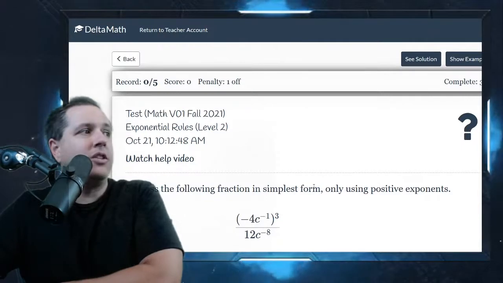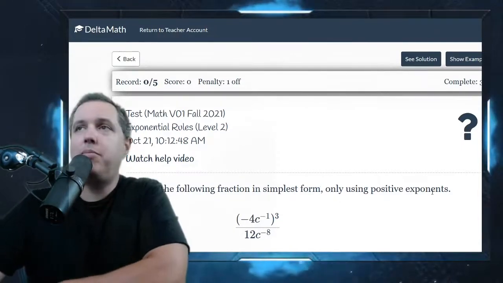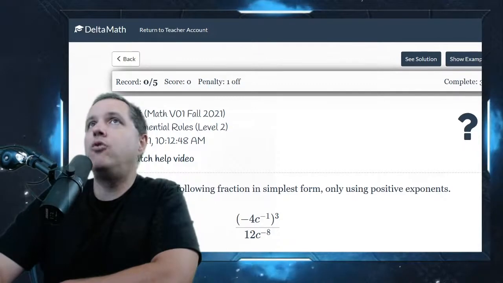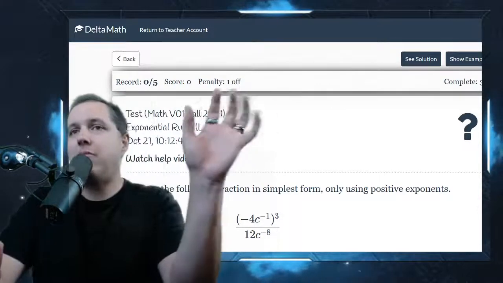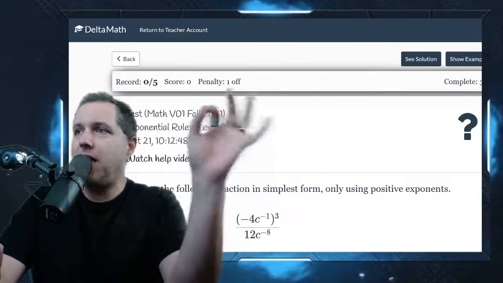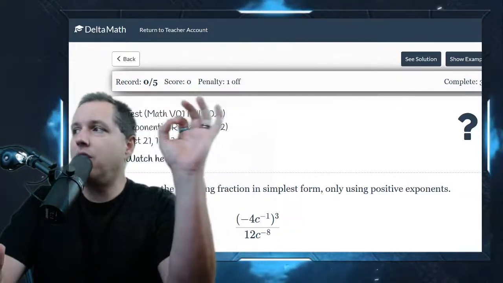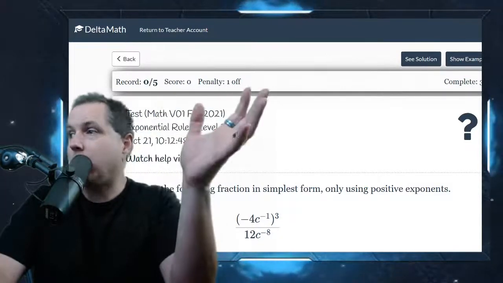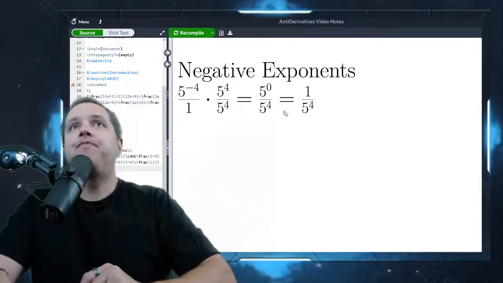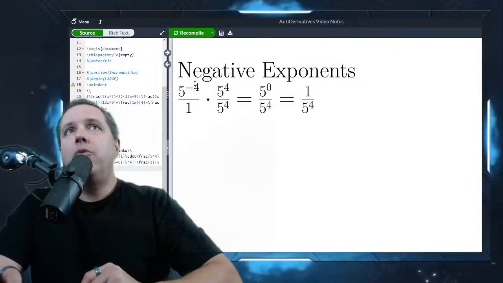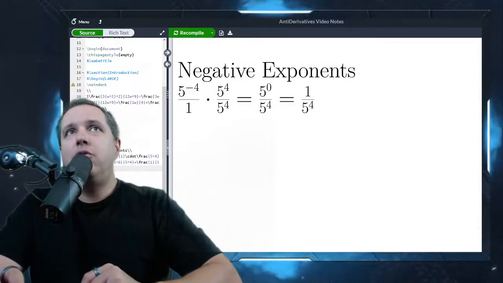Express the following fractions in simplest form using only positive exponents. You pretty much never in mathematics want to have a final answer with a negative exponent in it. It is considered unsimplified, and it will be marked wrong when you do it. So the way you get rid of a negative exponent is you move this thing to the other part of the fraction.